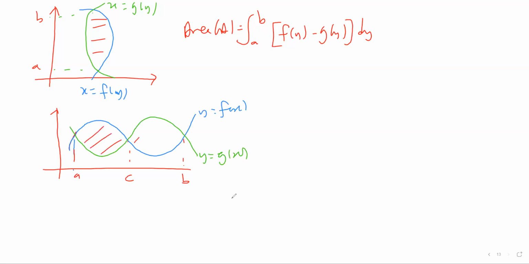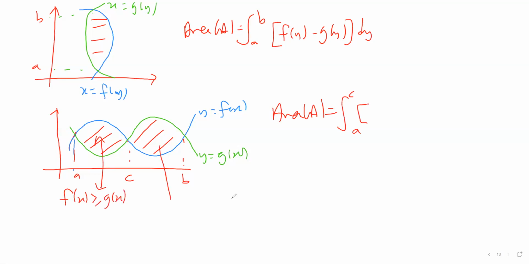We are asked to find the area. In such an instance, you need to write your integral from a to c, and within a to c, f is greater. So in this part, f of x is greater than g of x, and in this part, g of x is greater than f.